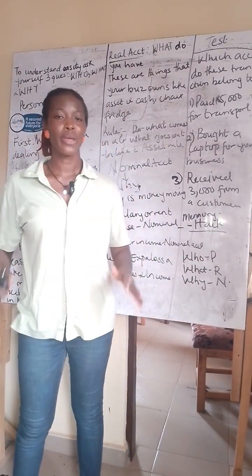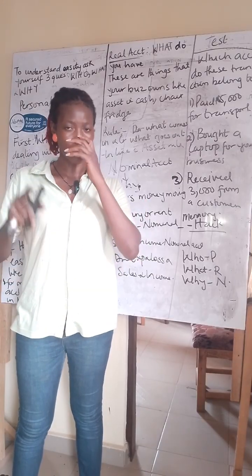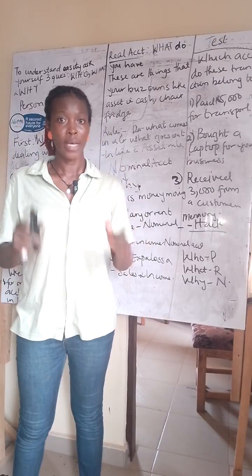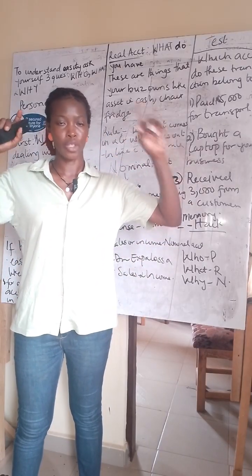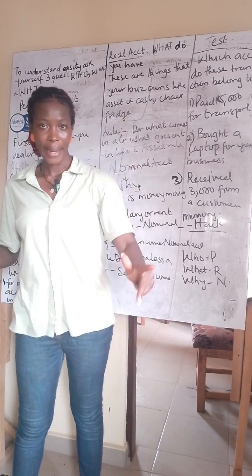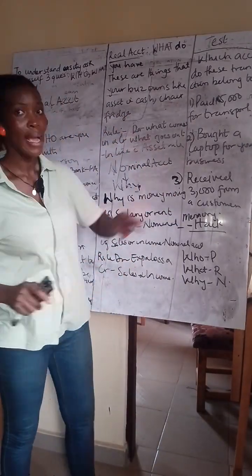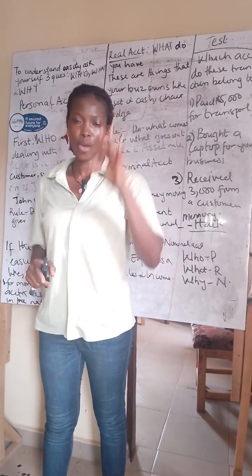So now, whenever you're asked a question and you're asked to classify these following questions into the appropriate account, what should come to your head is who, what, and why.